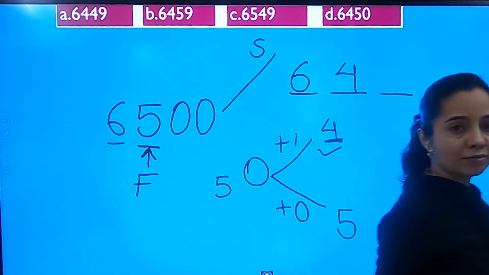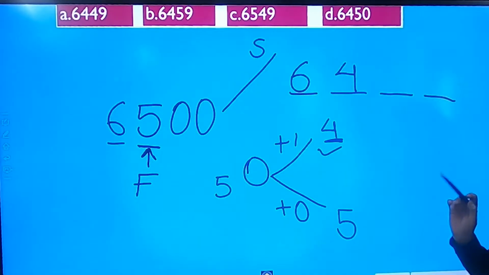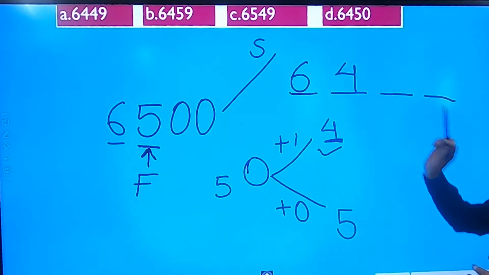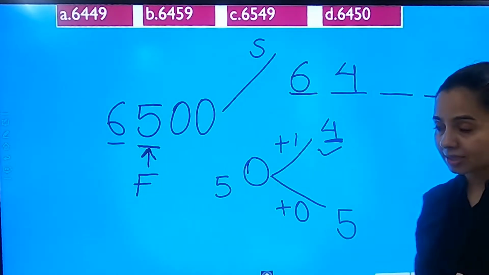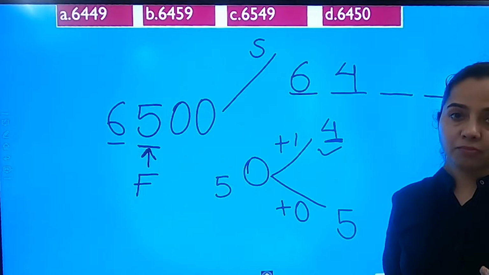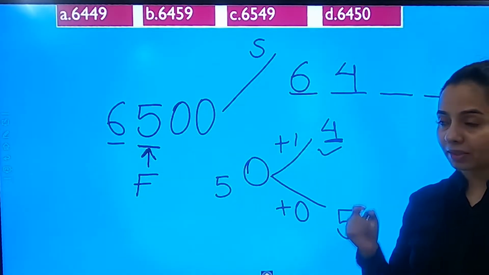Now, we have to see which is the smallest possible digit which will come right of this focus digit. So, which are the numbers which make our focus digit plus 1?